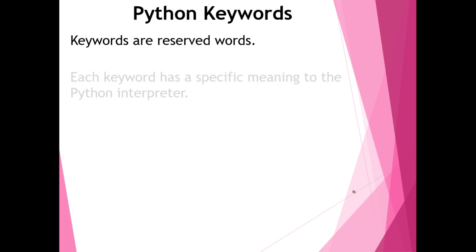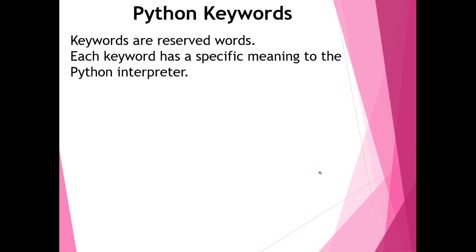Now each keyword has a specific meaning to the Python interpreter. As I told you, whenever we write a keyword in our program, when the Python interpreter sees that word, it knows what kind of work it has to do.